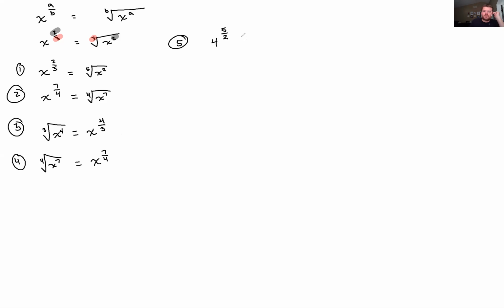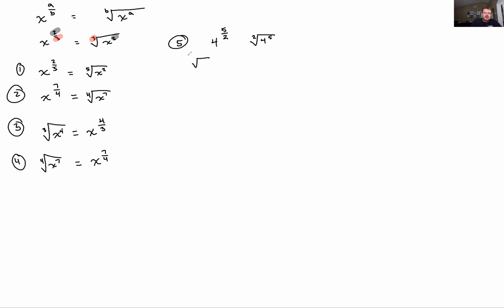Once you understand fractional exponents, you could just leave it as is, but if it's still sort of confusing, you could rewrite it as square root of 4 to the 5th power. When you are evaluating these expressions, you can do the root or you can do the power first. So I could do 4 to the 5th power and then take the square root, or I could take the square root of 4 and then raise it to the 5th power. Sometimes one's going to be easier than the other.